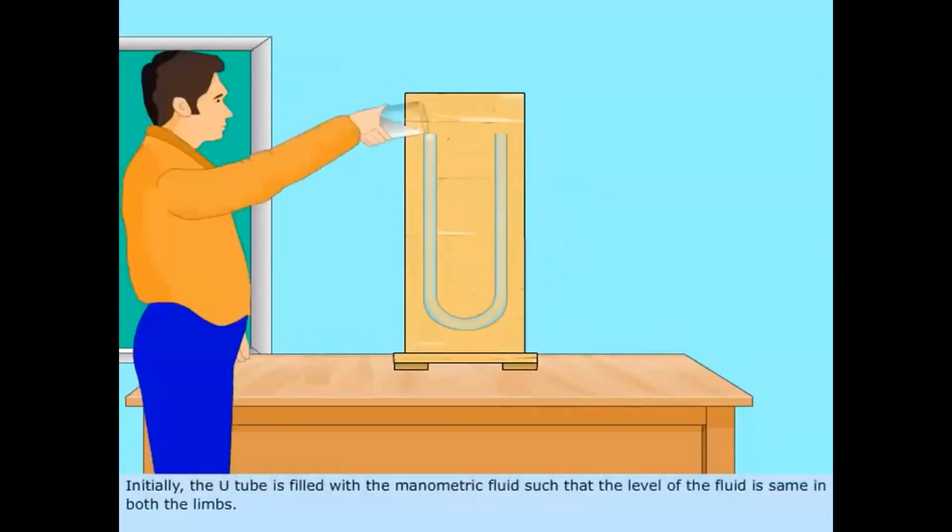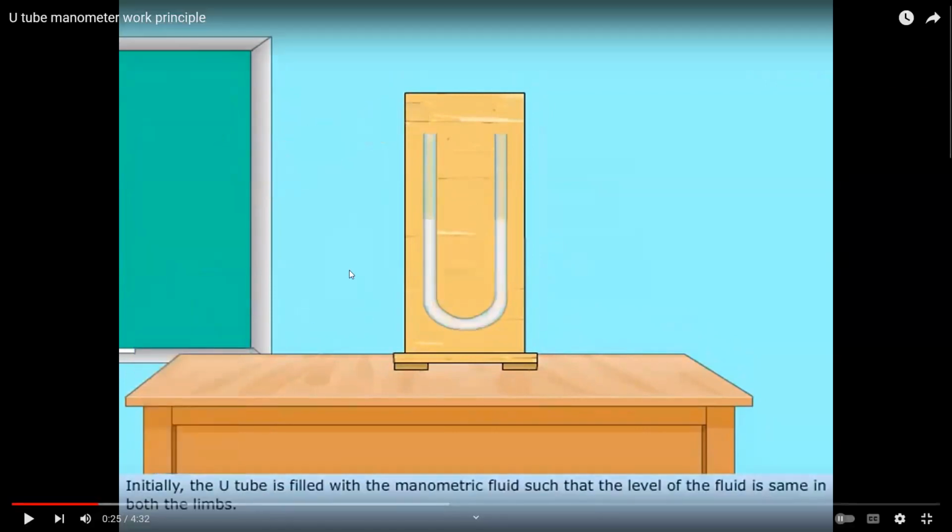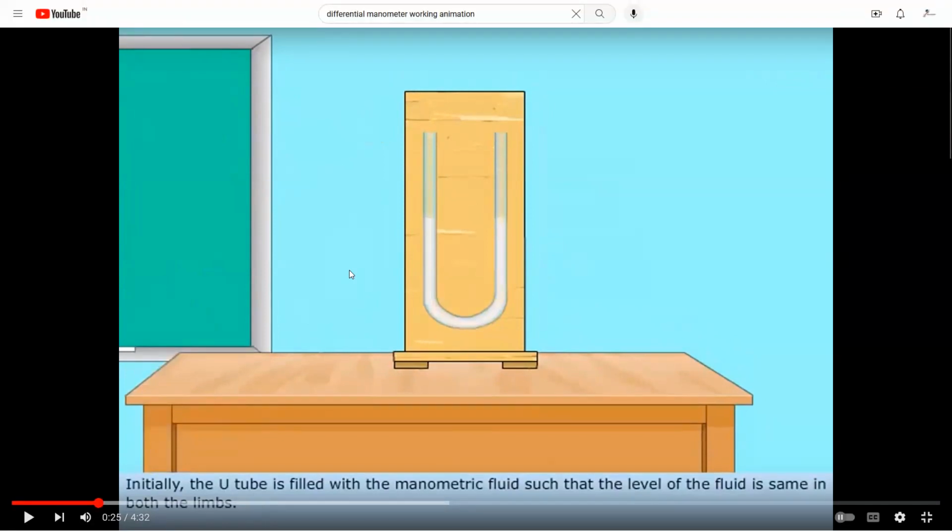Initially, the U-tube is filled with a manometric fluid such that the level of the fluid is the same in both limbs. We have water manometers or mercury manometers, many different types. We fill this liquid so that both the columns attain the same height. That is why we call it a U-tube manometer.